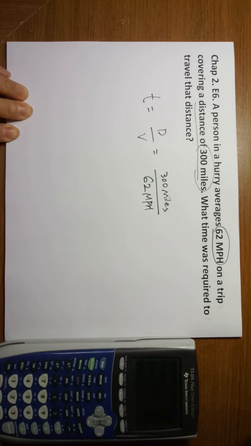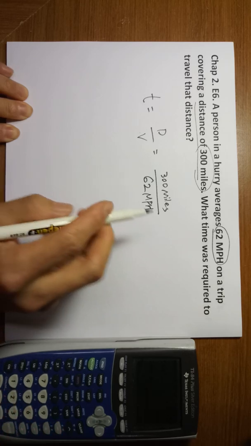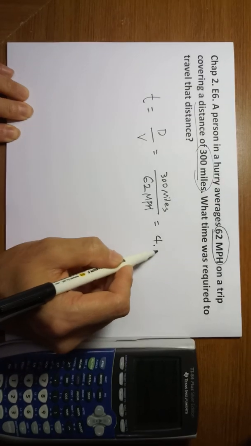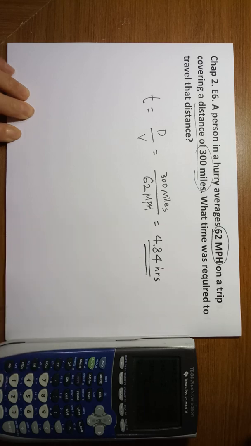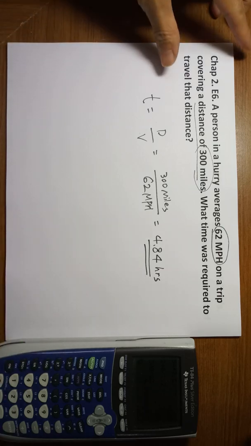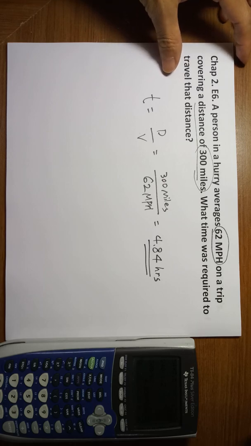So 300 divided by 62, then you will get 4.84 hours. That is your answer. You just need a calculator for this calculation.